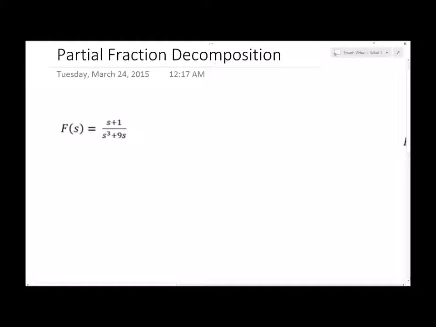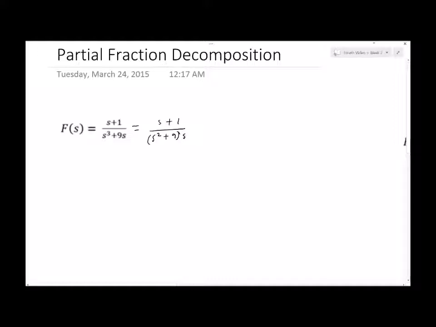We can break it up into stuff that is in our table. So what we'll do here is factor out the denominator. The numerator is going to stay the same. So we want to break it up into something we can do here: s squared plus 9 times s.